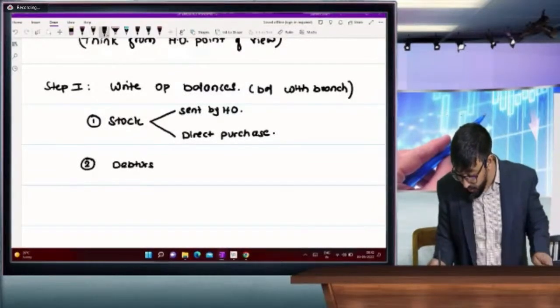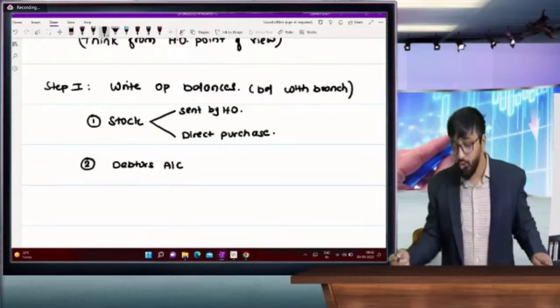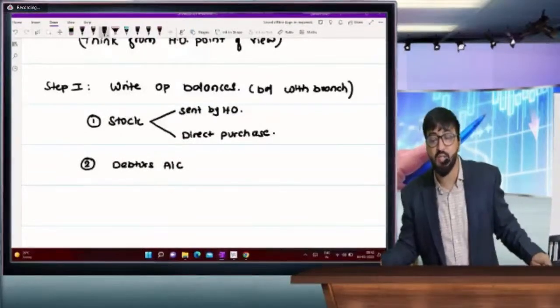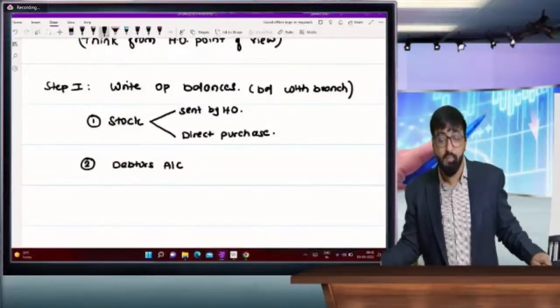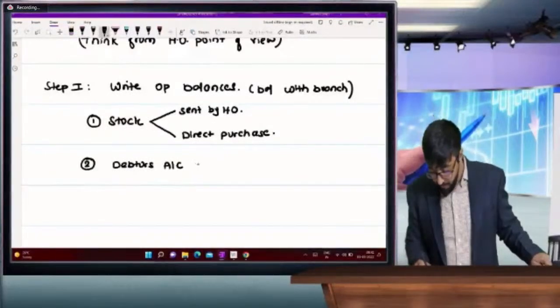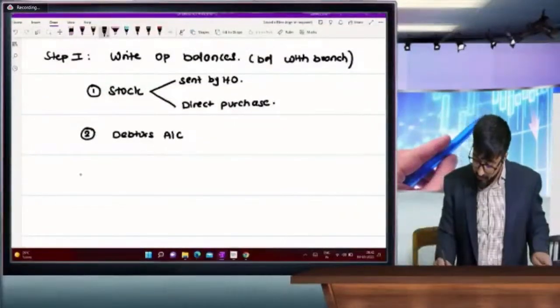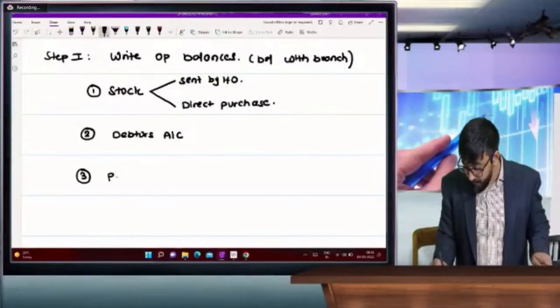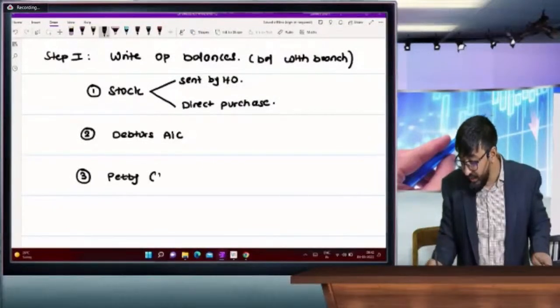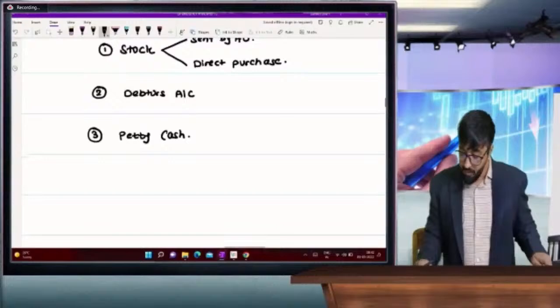Next one, debtors account. So credit sales which are not yet received, the amount which is not received by the branch from debtors. Third one, petty cash.